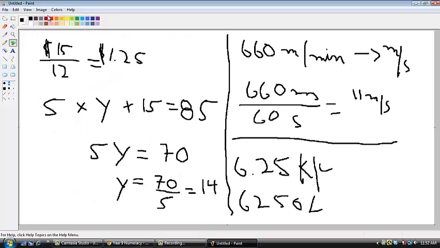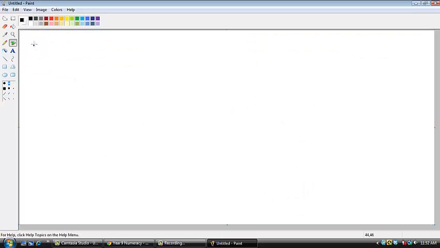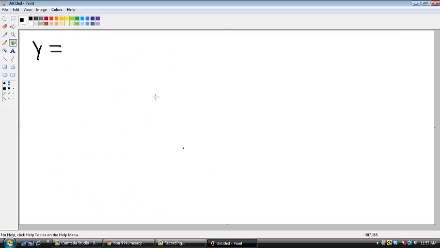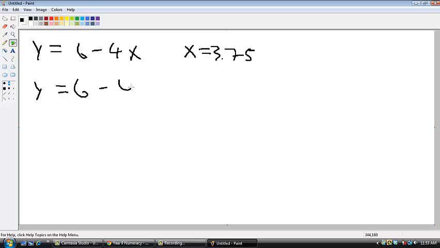Y is equal to 6 minus 4x, and they want us to find the value of y when x equals 3.75. So we have y is equal to 6 minus 4 times 3.75.